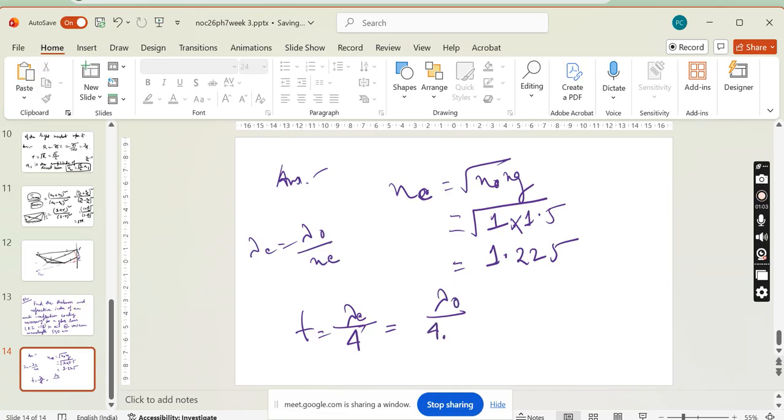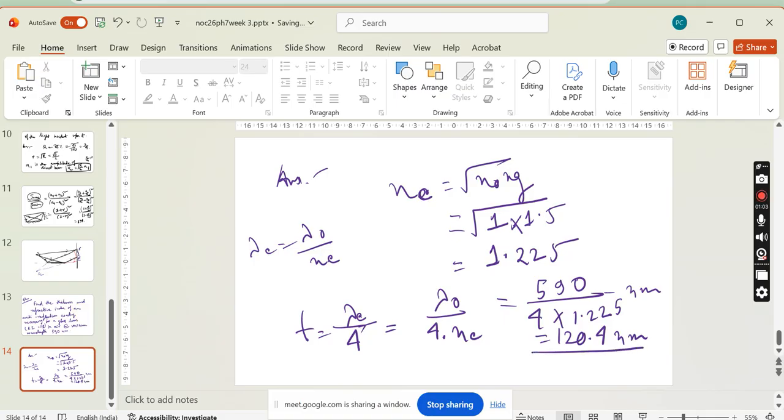So lambda naught by 4 n_c is equal to 590 by (4 into 1.225) nanometer, that is 120.4 nanometer. So this should be the thickness of the anti-reflection coating on the glass. It is almost 0.1 micrometer.